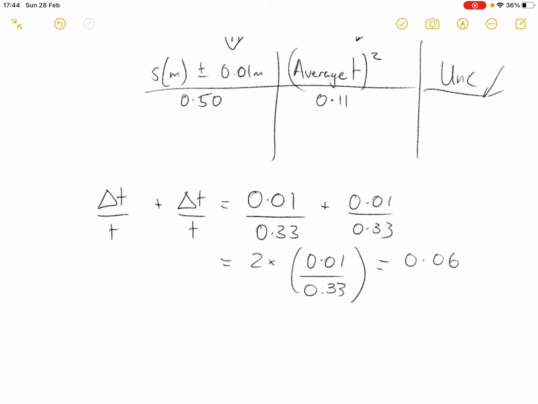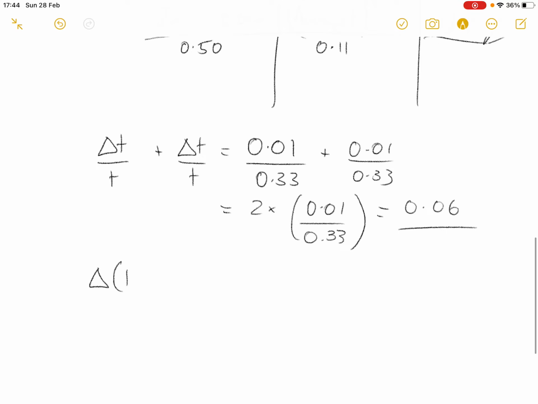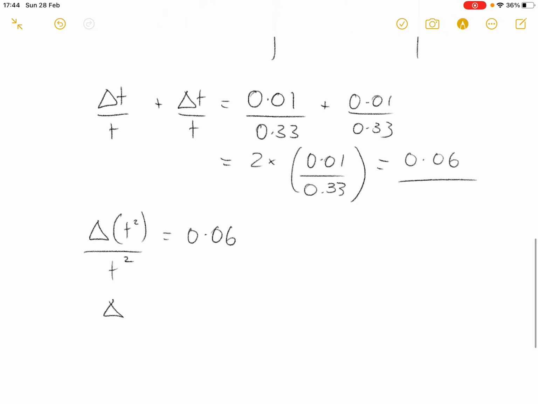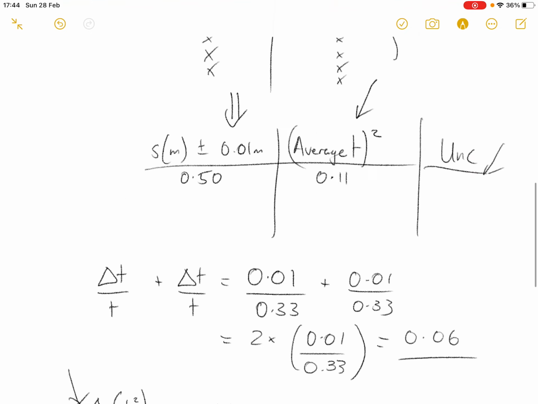Now, this is the fractional uncertainty in my t squared value. So the absolute uncertainty in t squared is obtained by rearranging this equation, and rounding it up, I get 0.01 seconds squared.